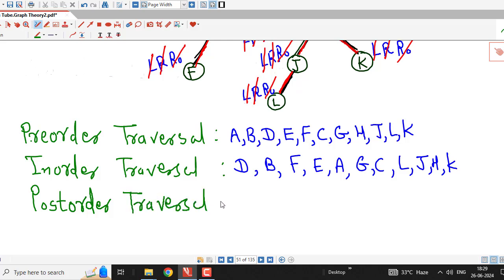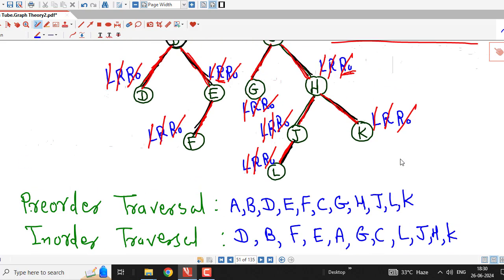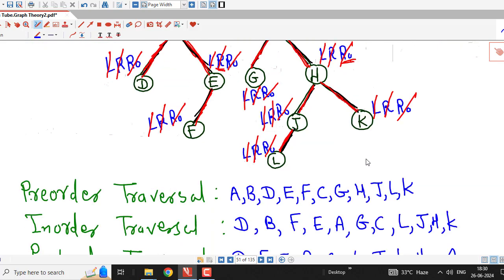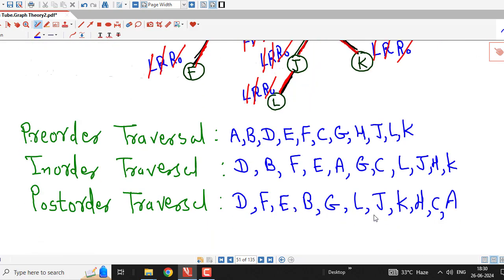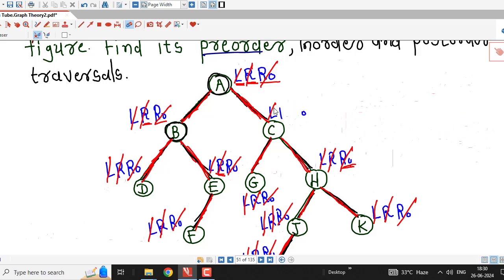I have this D F E B G L J K H C A. Let me check here also. D F E B G L J K H C A. So this is the post order traversal of given binary tree.